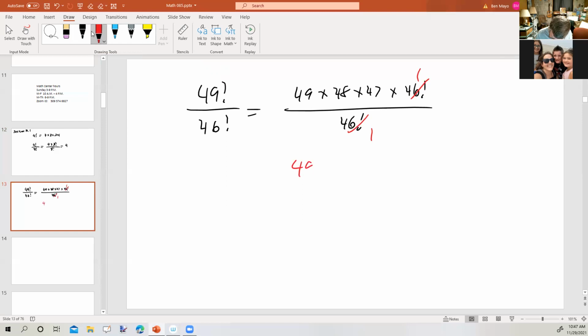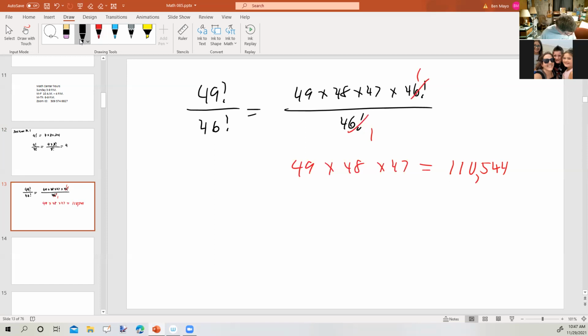So I've got 49 times 48 times 47. Then I'll take that to the calculator, 49 times 48 times 47, and I get 110,544. Any questions on that example?